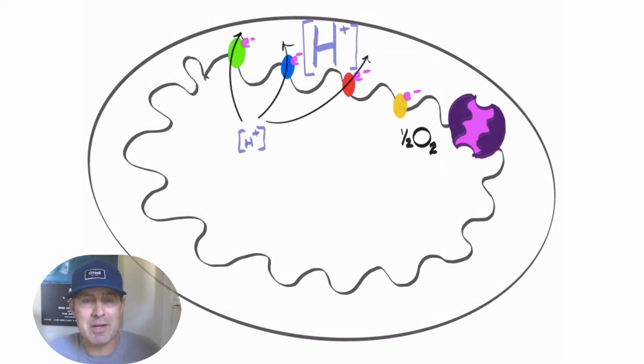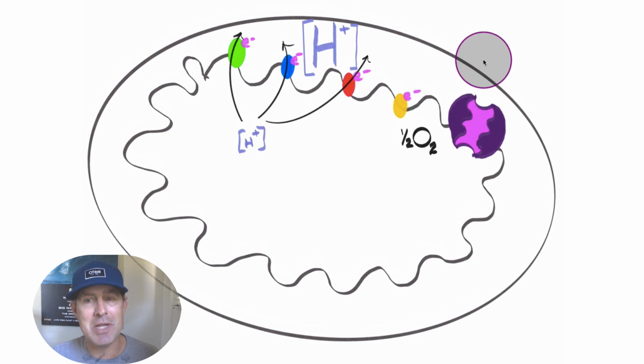Now that we have a ton of hydrogen ions in the intermembrane space, what does the hydrogen ion want to do? If you said move back into the matrix, you're exactly right. The hydrogen ion wants to move into the matrix down its chemical gradient. But to do so, because it is an ion, because it is charged, it requires a channel, which we see right here.